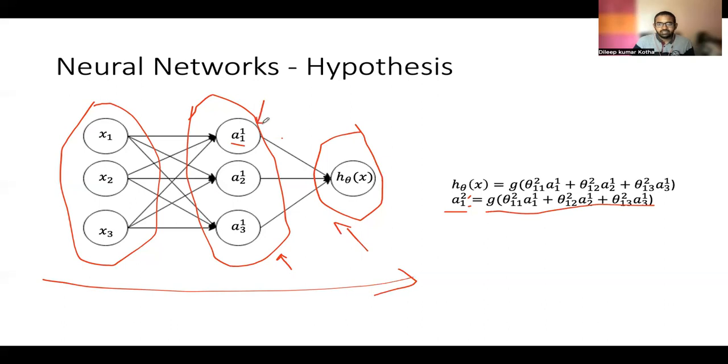These parameters and weights I'll use interchangeably, but both mean the same thing. So here you can see in forward propagation, we are calculating the activation function. And to solve the neural networks, we'll see how to do the backward propagation as well in the later slides.